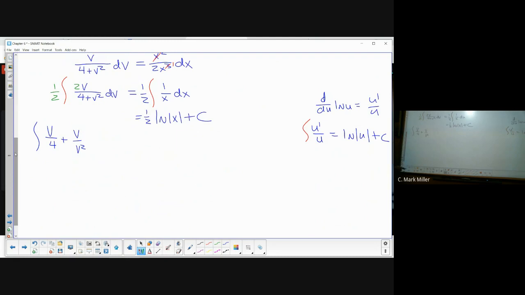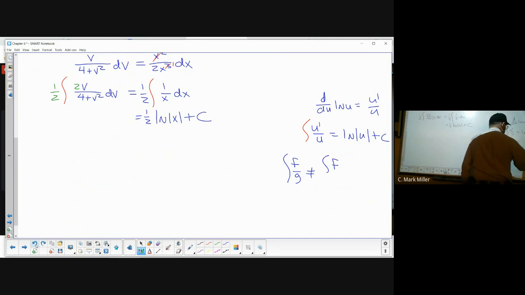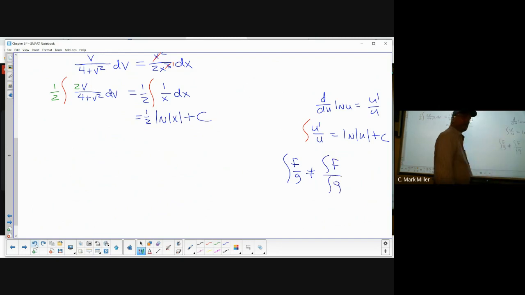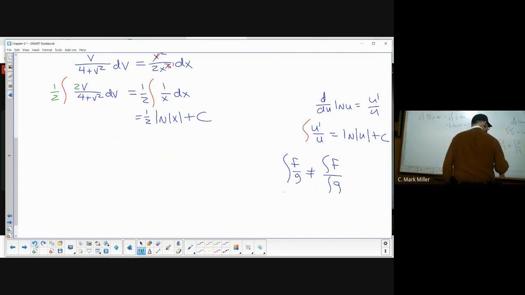a very big mistake. And the reason why, very simple. The integral of f over g does not equal the integral of f divided by the integral of g. Also, as you saw in this quiz, the derivative of fg does not equal f prime g prime.